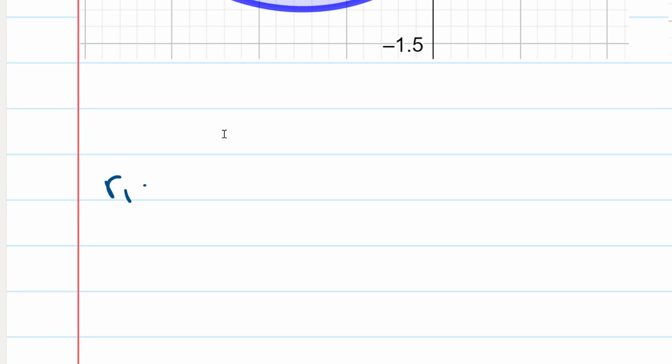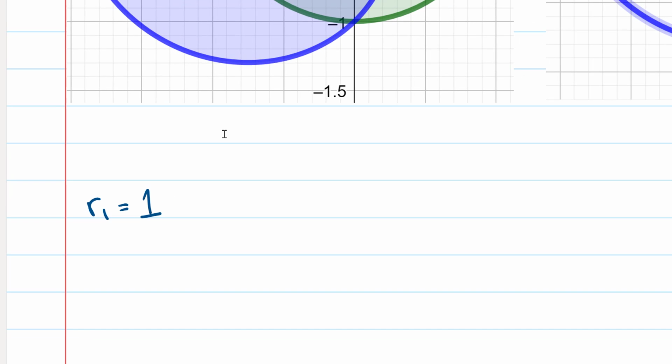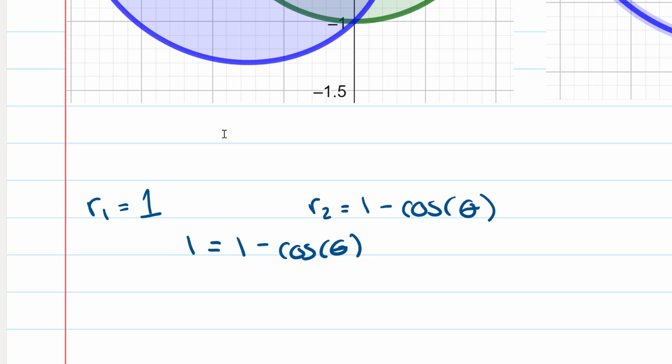I have r sub 1 equal to 1 because it was a circle with radius 1, and r sub 2 is 1 minus cosine of theta. Now all I need to do is set them equal to each other and solve. So I get 0 is equal to cosine theta, so theta is going to be pi over 2 and 3 pi over 2.